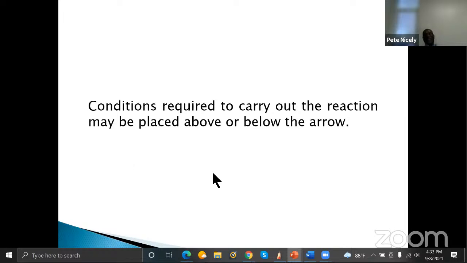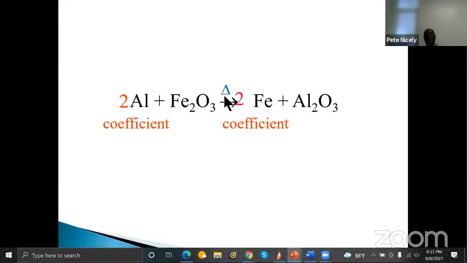So you might see something indicated like the temperature or the pressure of the system that is used in order to carry out the reaction. Or you might see something like this, right? So this small triangle here basically represents heat. So what this is telling you is that in order for this reaction to occur, you need to heat the reactants and you're going to end up with the products.